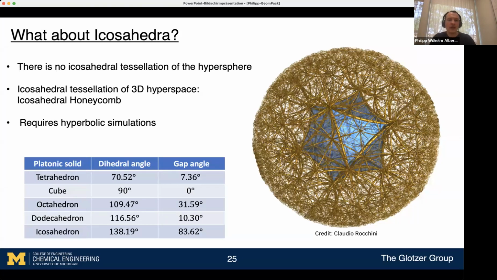So to do this kind of analysis for the icosahedra, you have to perform molecular dynamics or Monte Carlo simulations in hyperbolic space, which I can't do yet.